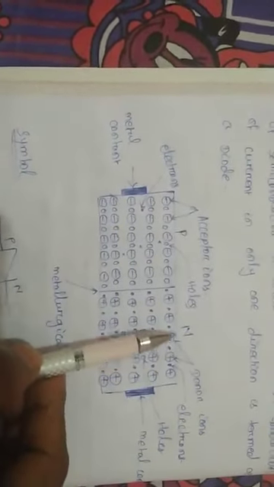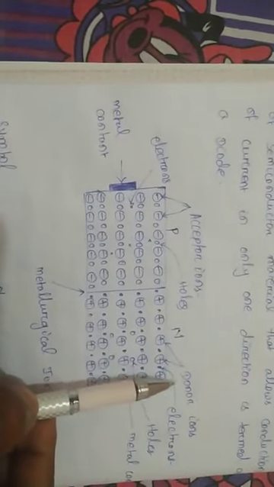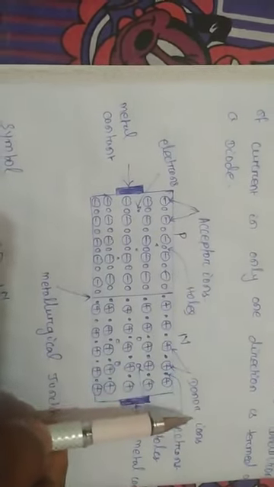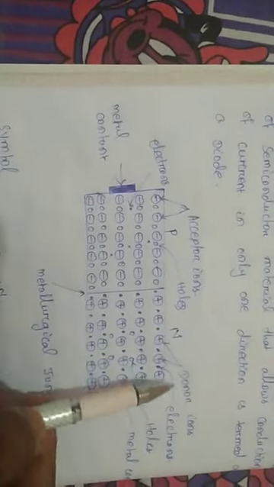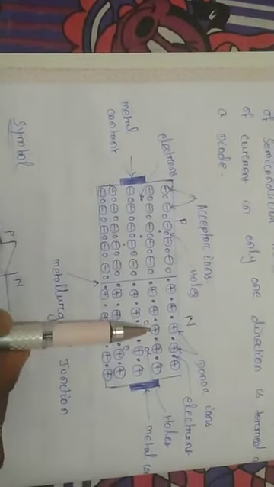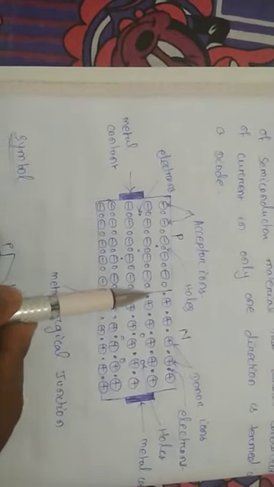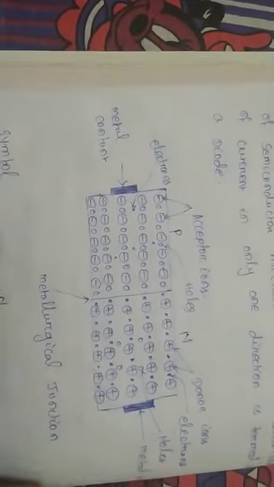These are negatively charged acceptor ions, and adjacent to the p region, positively charged donor ions are diffused to form the n region. Now the interface separating the p region and n region is known as the metallurgical junction. These two contacts are known as metal contacts.